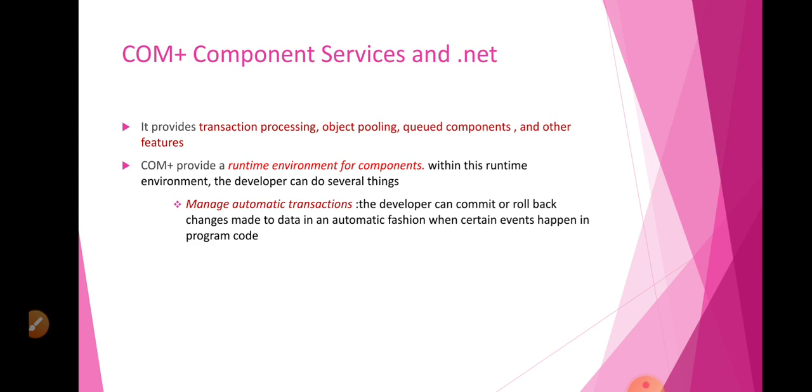In the previous slide, we saw the components which are already stored and which will be reused for our own application; that is object pooling. Next, queued components. Our components are waiting for servicing and other features.